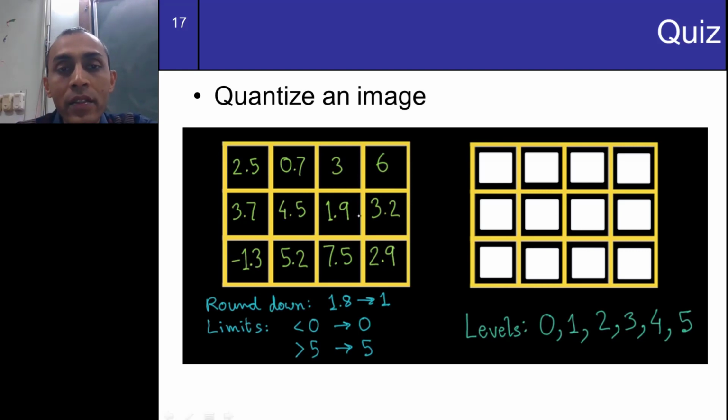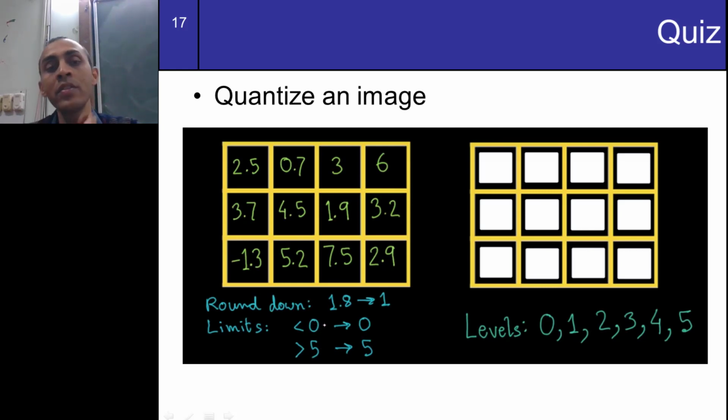So can you quantize this? Just a simple exercise. Let us say we have these intensity values at different grid locations, and wherever we have to round off, we will take the floor value. So we'll round down, and we fix the clipping points as 0 to 5.